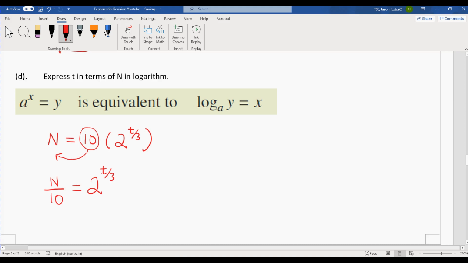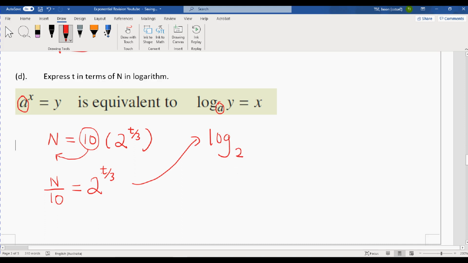Then from this, I'm going to use the logarithm. What base shall I use? Remember, if the base is a, that will be the base for the logarithm. Obviously the base is 2 in our case. So let's write logarithm base 2 here.